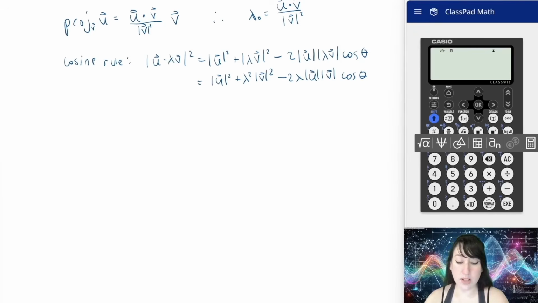Now, we are trying to find the value of lambda that minimizes that length of u minus lambda v. Now, yeah, it's squared on the left-hand side, but whatever minimizes the square of a variable will minimize that variable as well. So we can see that on the right-hand side, it's essentially quadratic in terms of lambda. So let's rearrange.